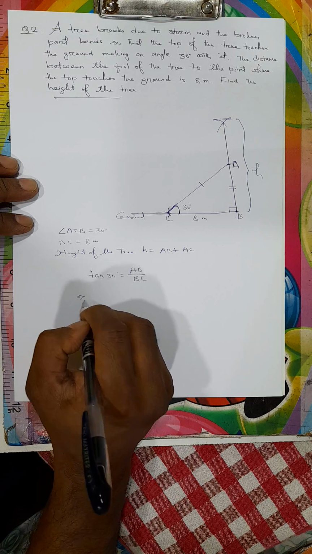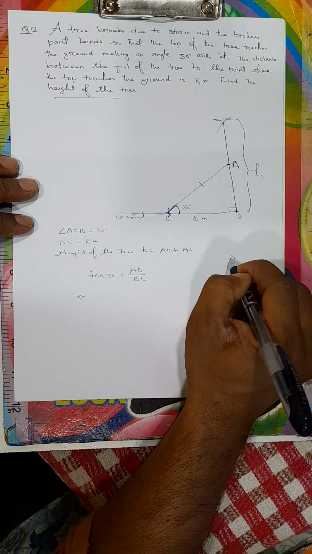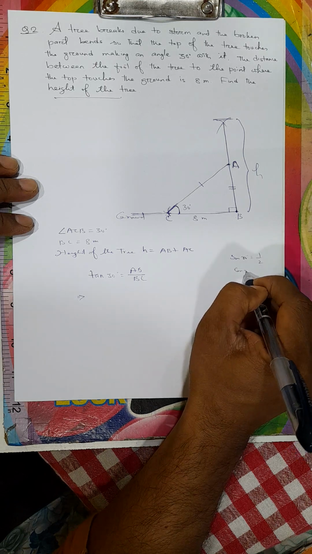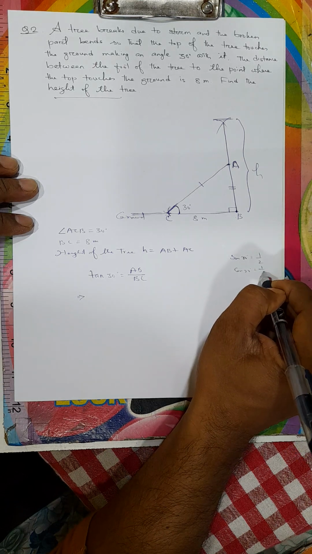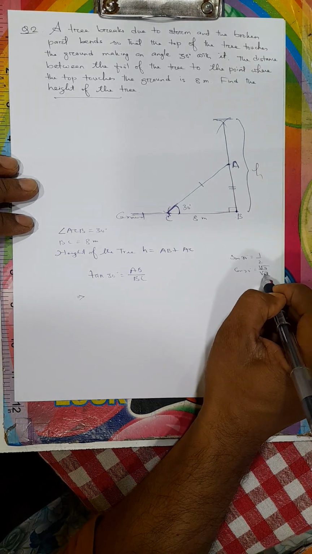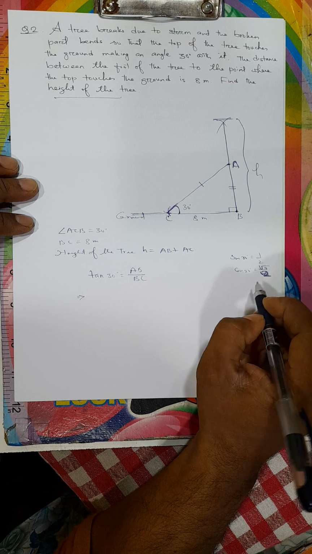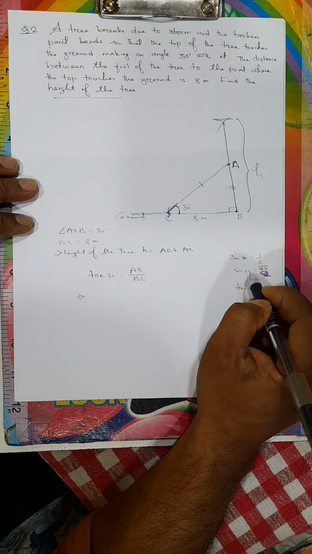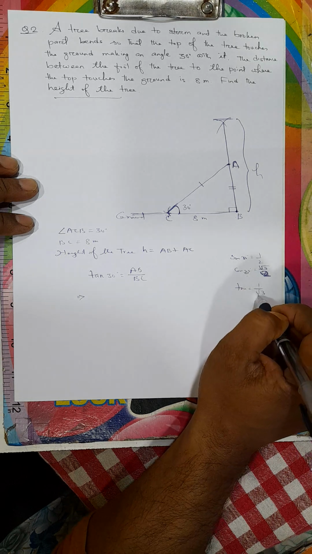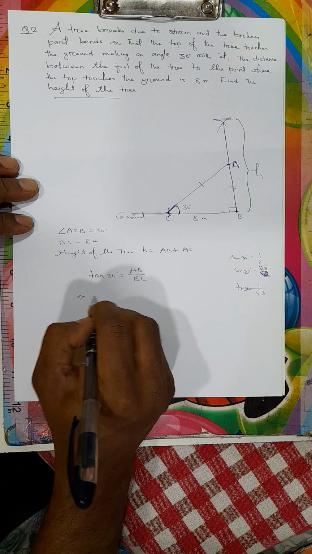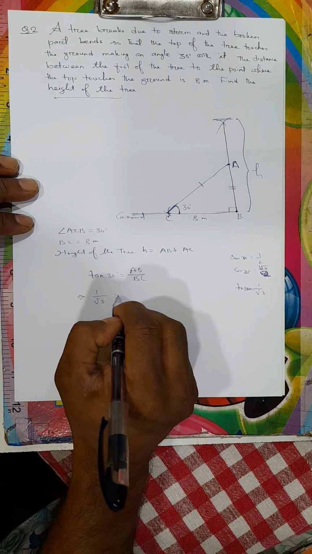Remember, sin 30 is half, cos 30 degree equal to root 3 by 2, right? So tan 30 degree equal to 1 by root 3. Sin 30 divided by cos 30 is tan 30.